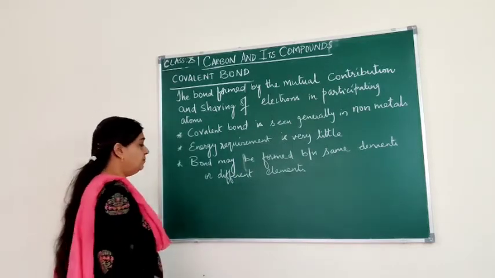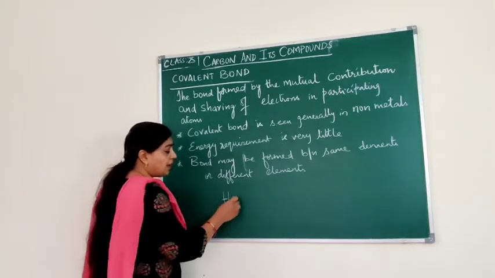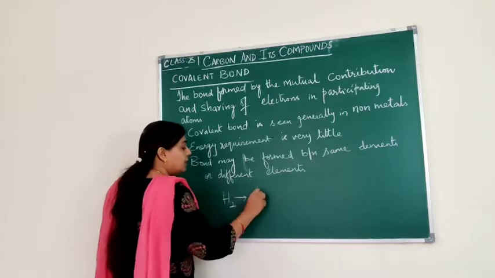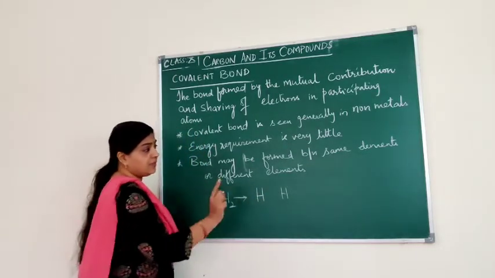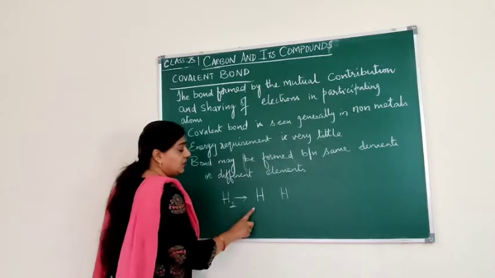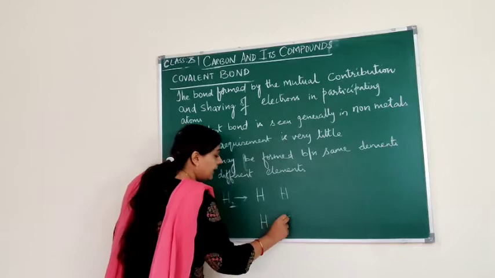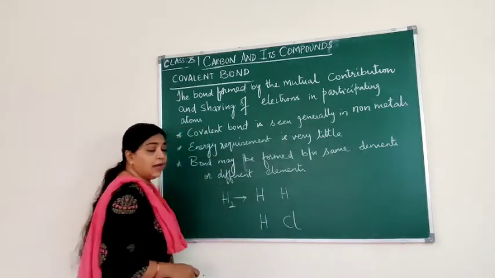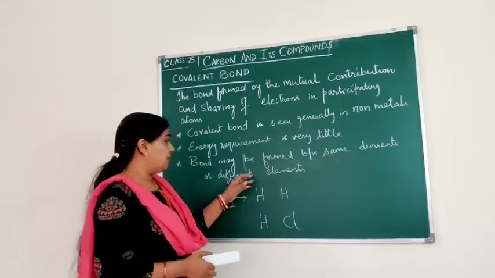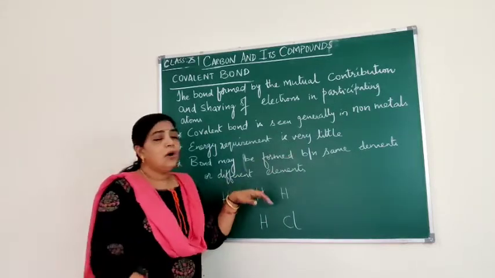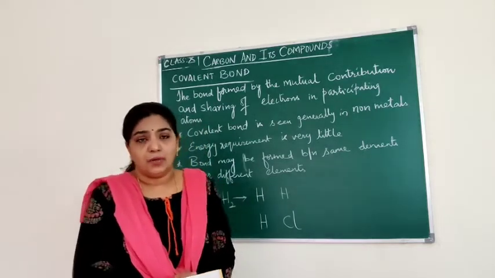That means, for a hydrogen molecule, how is it formed? It is sharing of electrons between the same atoms, the same elements. It may be between the same element or between different elements, as in the case of hydrochloric acid, HCl, different elements. Now let us see how a covalent bond is formed.